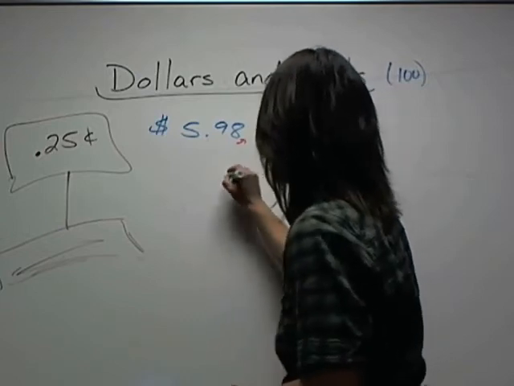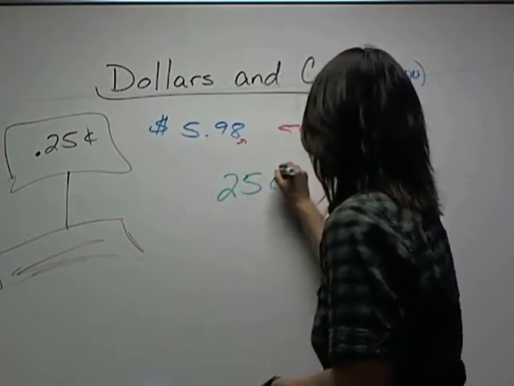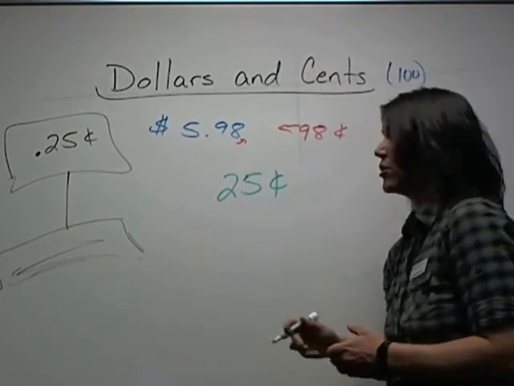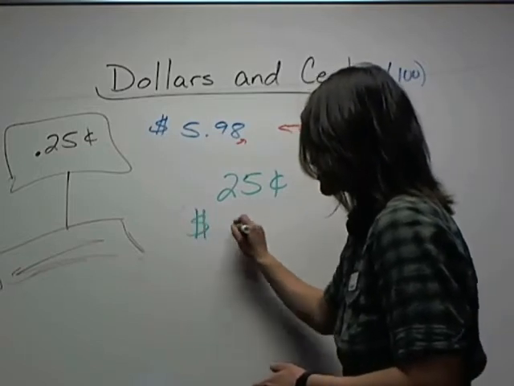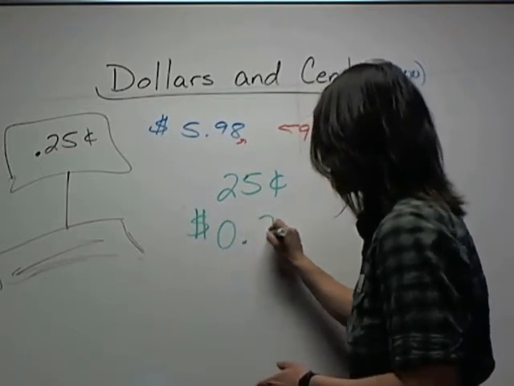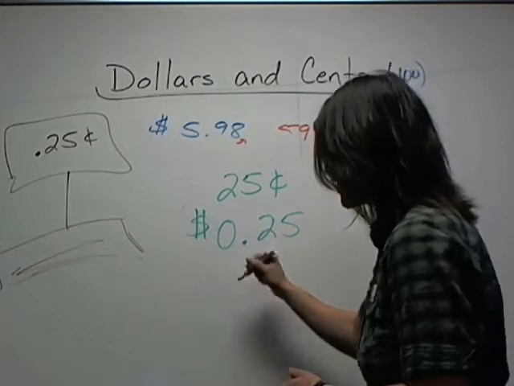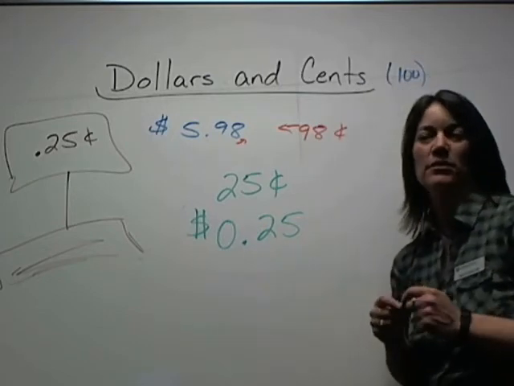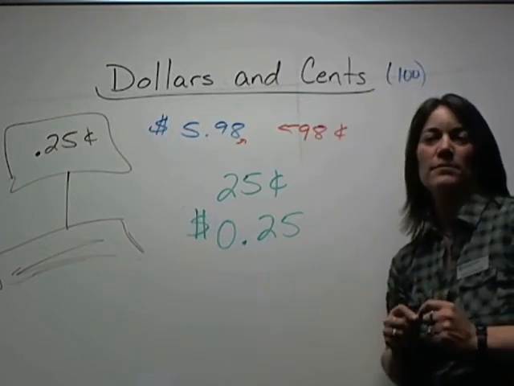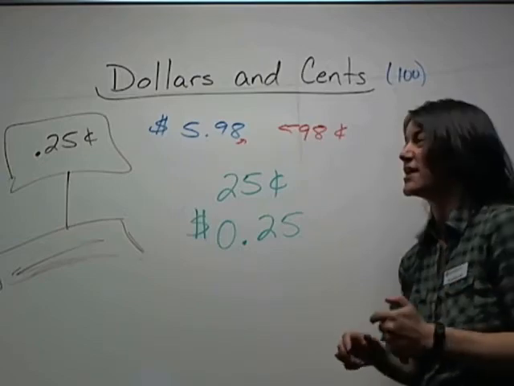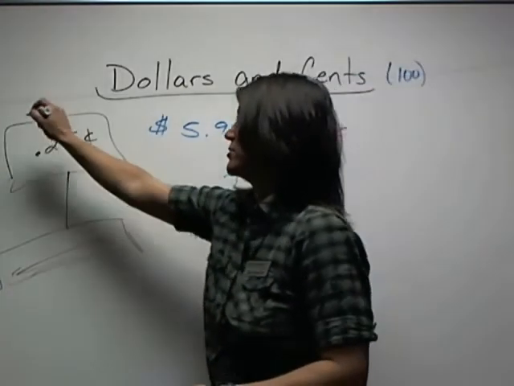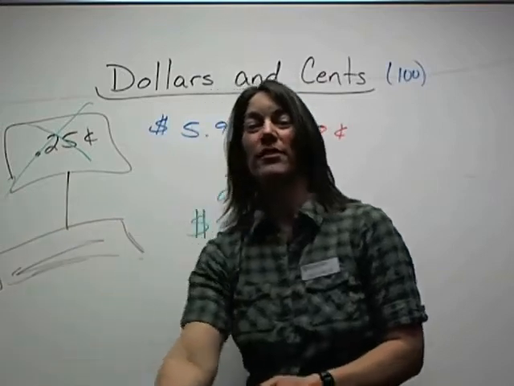It could have been written as 25 cents, or if we were talking with our dollars, it would be a quarter or a fraction, 0.25 of a dollar. So be very careful about your notation. You don't want to be Walmart.